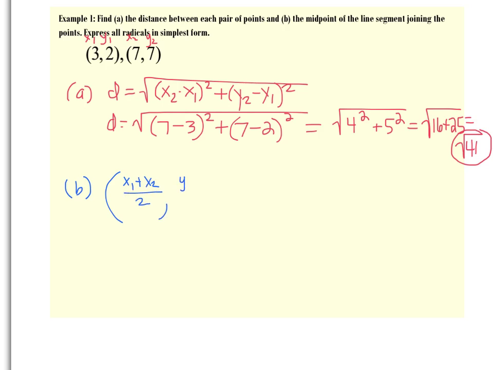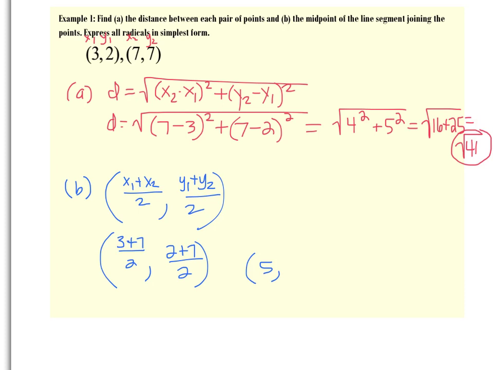And the y coordinates, we average them as well to get the y coordinate of the midpoint. So x1 plus x2, referring to the same points there, we have 3 plus 7 over 2. And then the y coordinates, we have 2 plus 7 over 2. So 3 plus 7 would be 10 over 2, so that's 5. And then we have 9 halves. So that's our midpoint, 5 comma 9 halves, that coordinate pair.